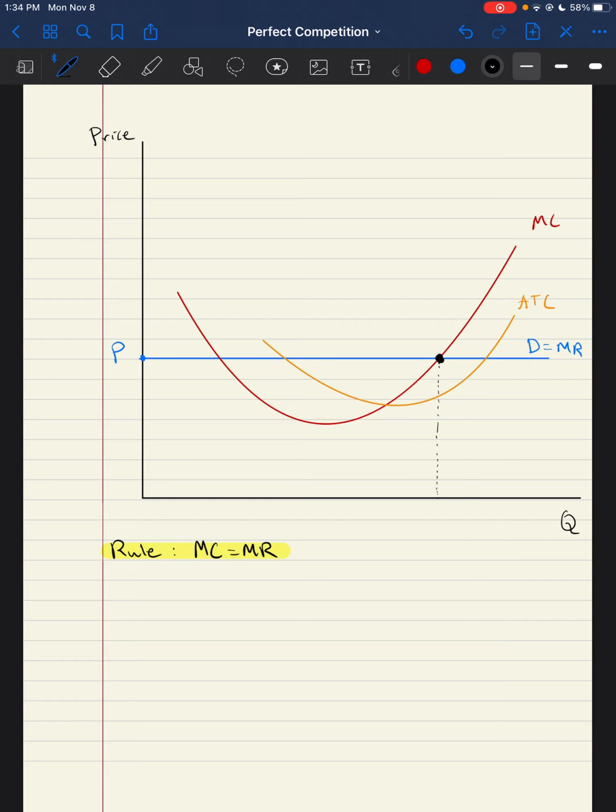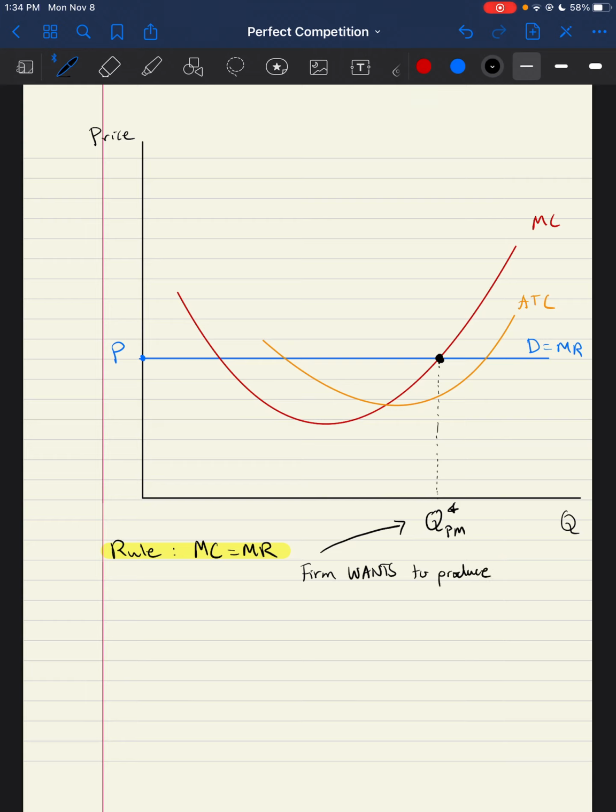So we know that our marginal cost has to be equal to the marginal revenue, and this is going to give us our profit maximizing quantity. I'm just going to label this as Q star sub PM, which refers to the profit maximizing quantity of output. So the firm wants to produce that much.